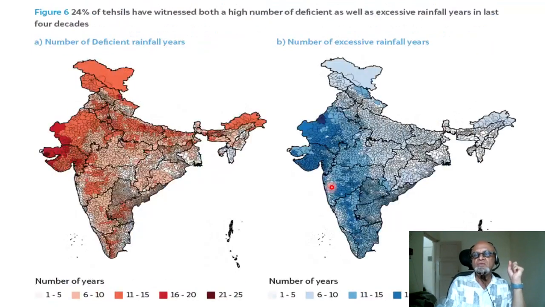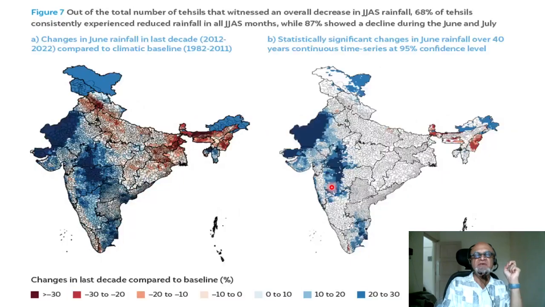Okay, so this is just the number of deficient and excessive years, but if you look at the total number of tehsils that witnessed an overall decrease in JJAS rainfall, 68% of tehsils consistently experienced reduced rainfall in all JJAS months, while 87% showed a decline during June and July. So as we always say, there is a seasonal total which is decreasing, JJAS, that we looked at in some places.